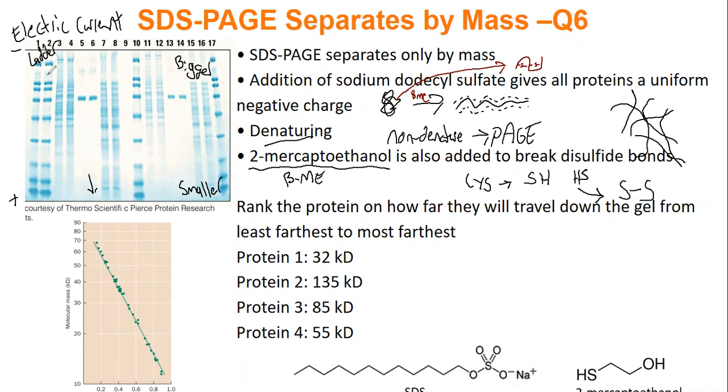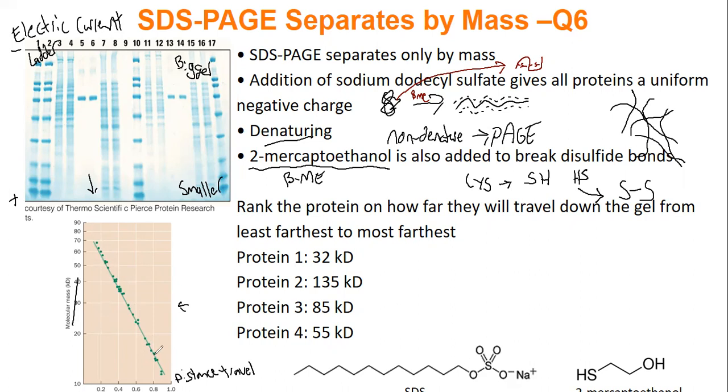By making a graph like this, which has molecular weight on the y-axis, and then on the x-axis you have distance traveled in the gel, and you make a fit line, depending on how far your protein travels, you can determine the size. So that's one of the ways that you can test that it's your protein if you know its size.